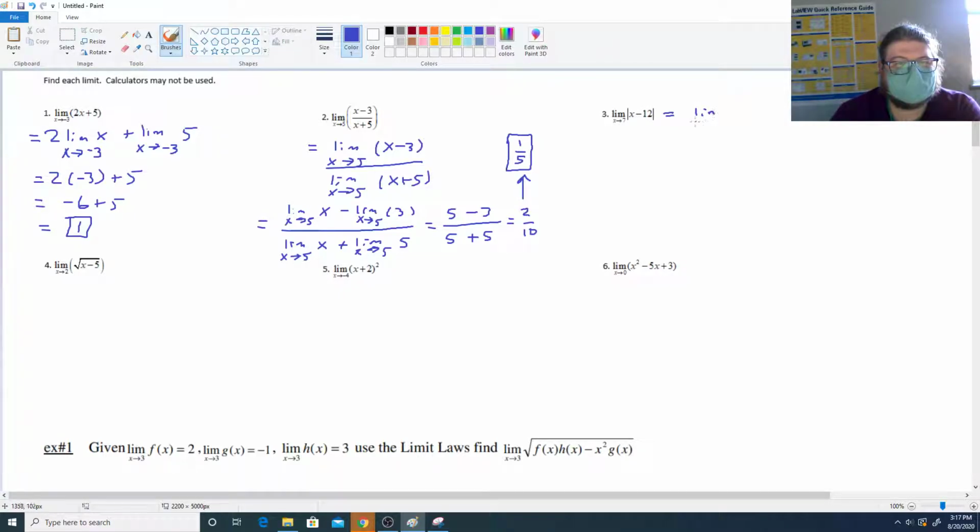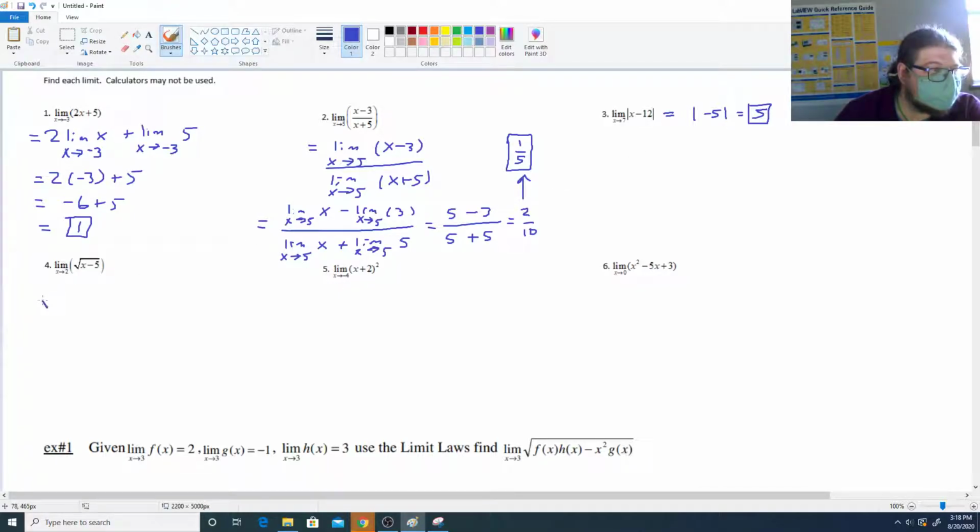So that'll be very close to the absolute value of -5, which will become +5. Because as x approaches 7, 7 minus 12 is -5, and that becomes +5.